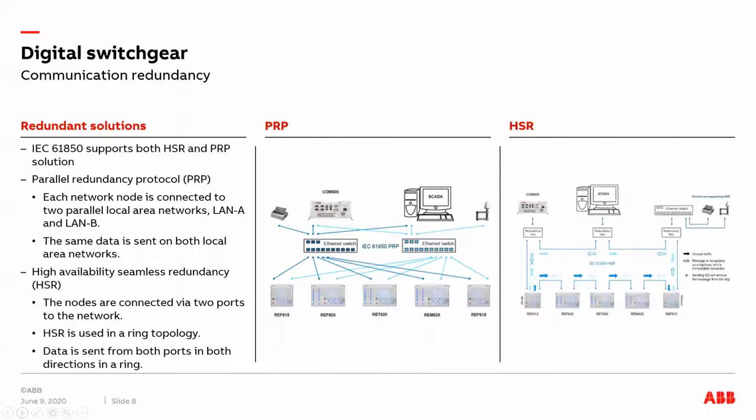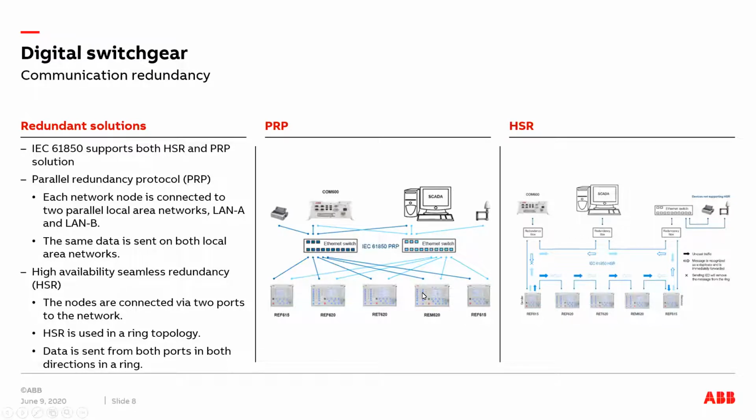PRP is a parallel redundancy protocol where each device is connected to two parallel local area networks, a LAN A and a LAN B. So if you note here, every device is connected to two different networks.